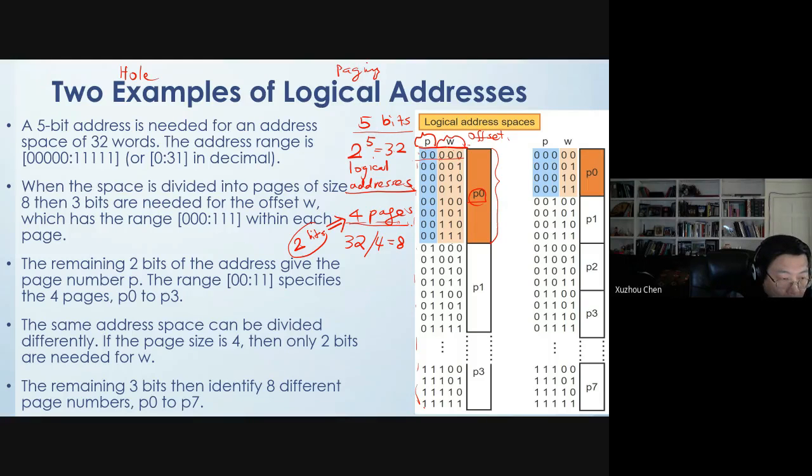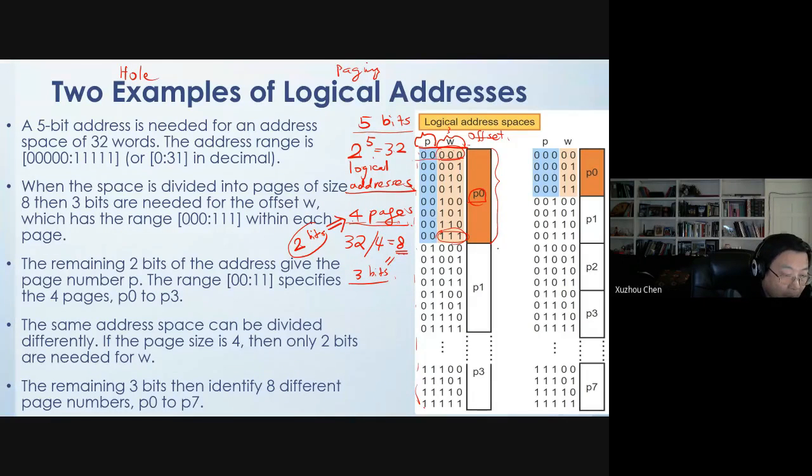So the offset starts from 0, 0, 0 and always ends with 1, 1, 1, because with 4 pages, each page size is 8 addresses. 8 addresses require 3 bits. So for these 3 bits, the first offset value is 0, and the last one is 111, which is actually 7. So we go from 0 to 7.